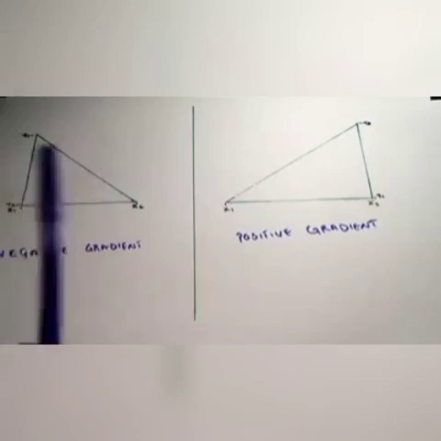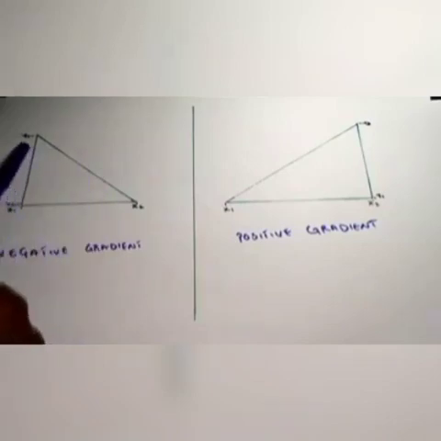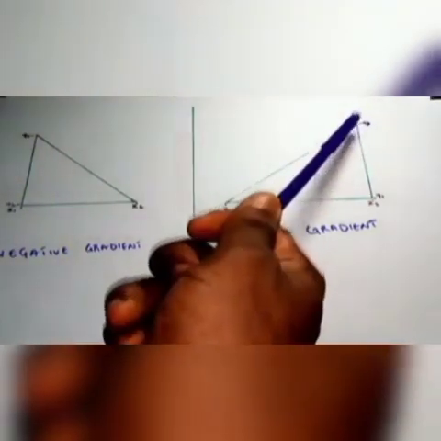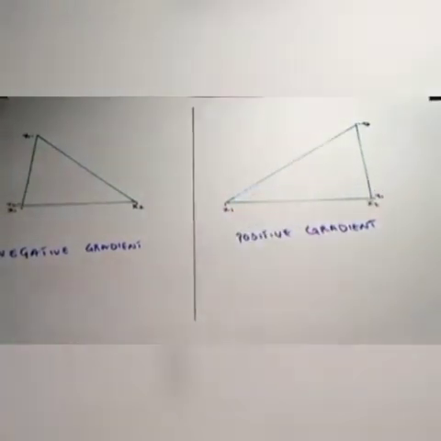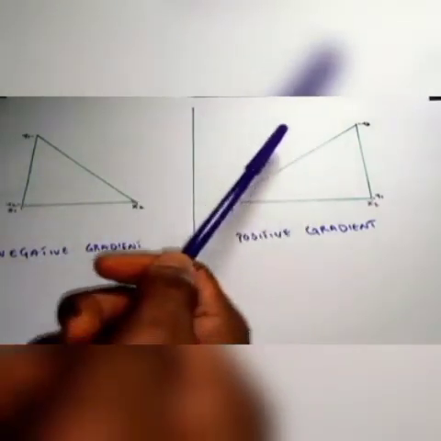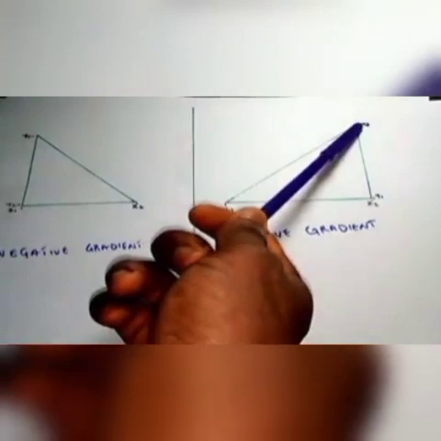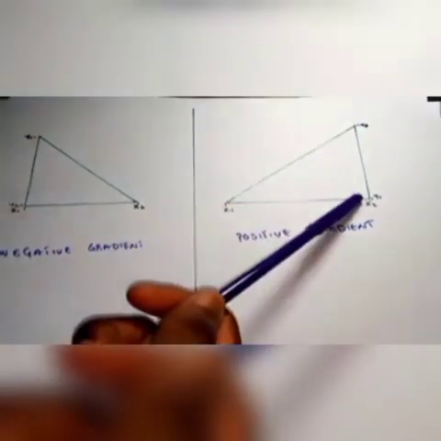So on the negative gradient, the position of y1 and y2 is different from the position of y2 and y1 on the positive gradient. At the point where you have y1 here and y2 here, you have it in a different format for the positive gradient, where you have y2 up and y1 down.